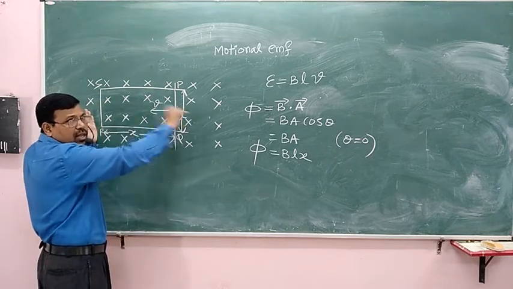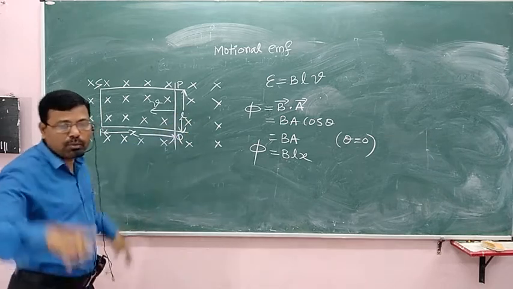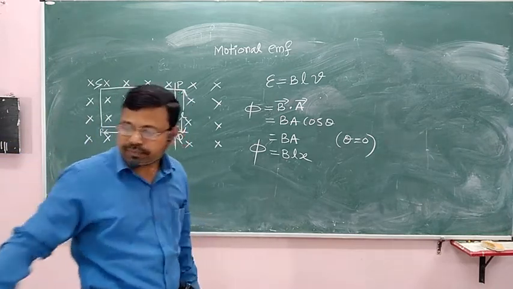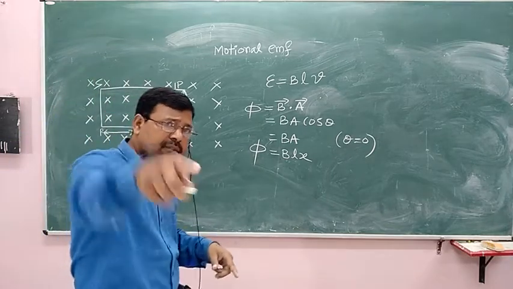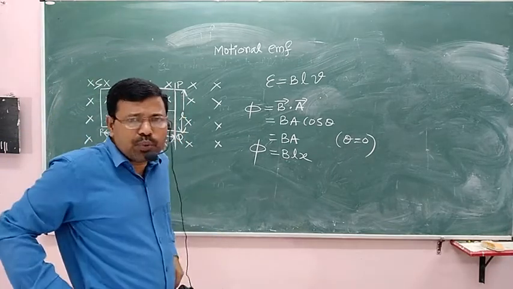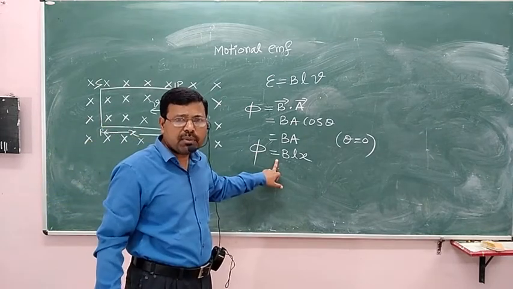When this flux changes due to the motion of the conductor, there is an induced EMF in the arm PQ. According to Faraday, the magnetic flux linked with the conductor should change. Only then is induced EMF produced.